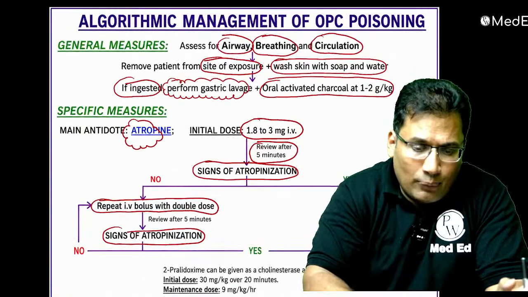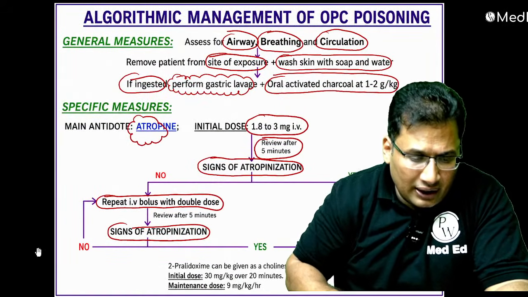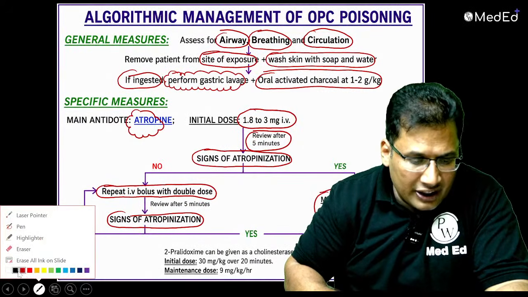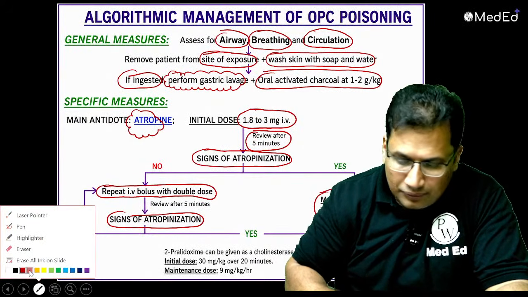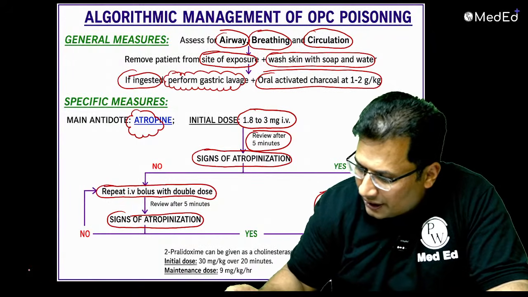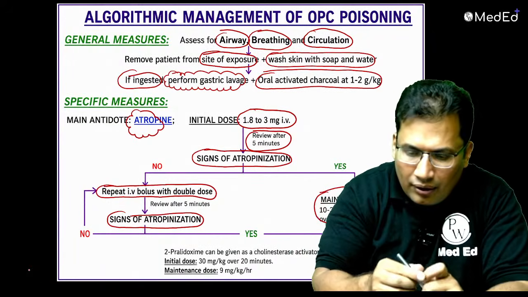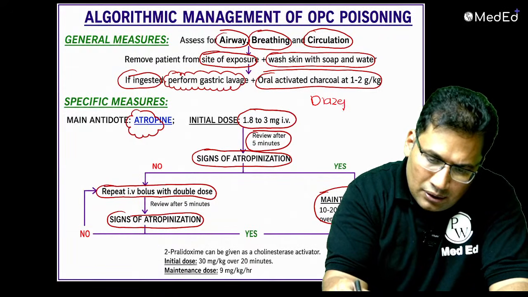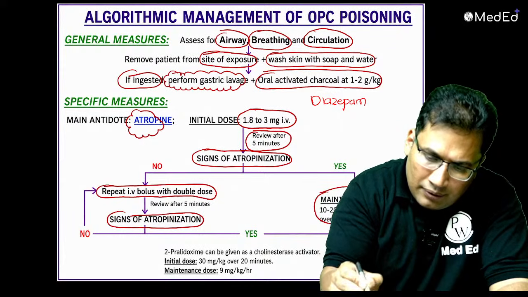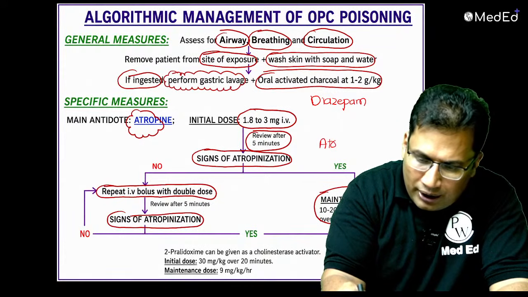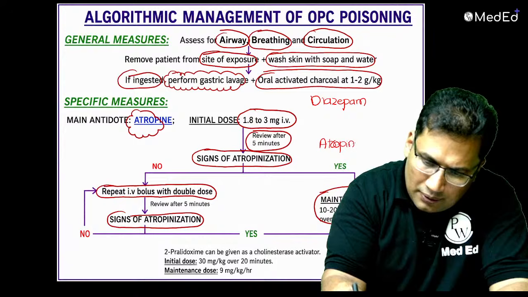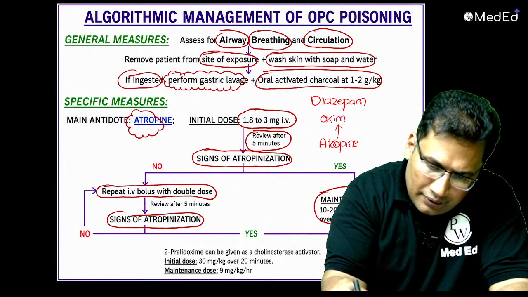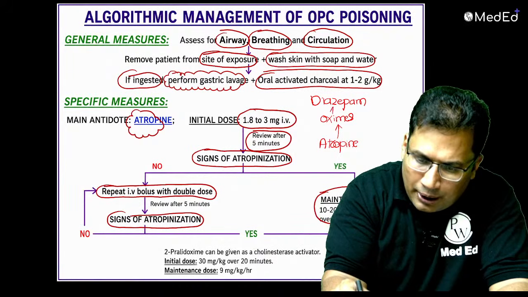Okay. One more drug that is very commonly used clinically in case of OP poison is diazepam. So I'll repeat again: atropine, then Oximes, then the diazepam.